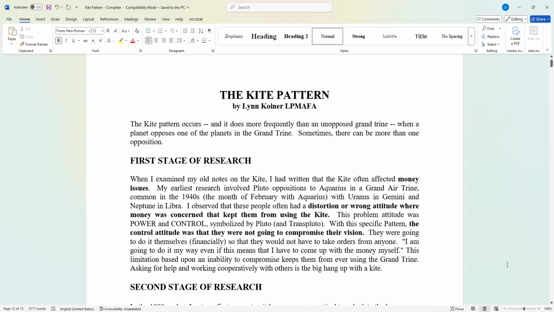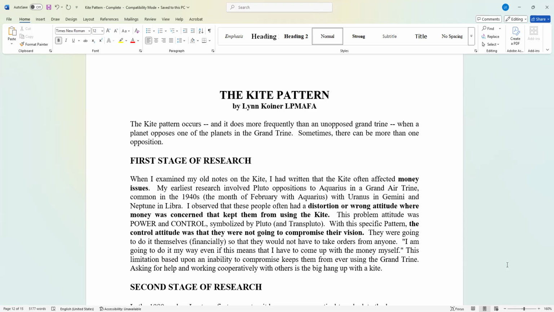The kite pattern: one of the easiest ways to spot it is that there is a grand trine. That is a planet in each of the signs of one element. A grand fire trine would be something in Aries, Leo, and Sagittarius. Earth would be Taurus, Virgo, and Capricorn. Air would be Gemini, Libra, and Aquarius.